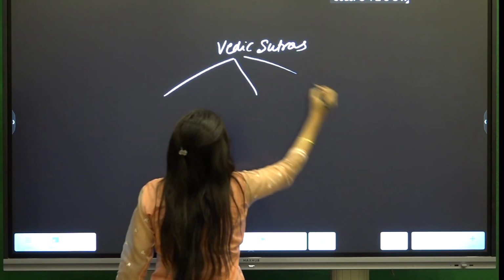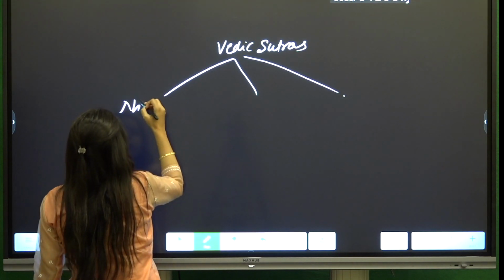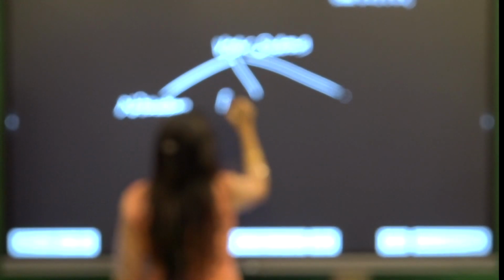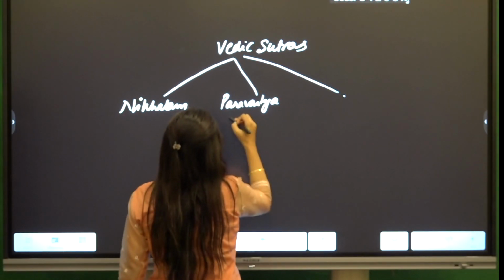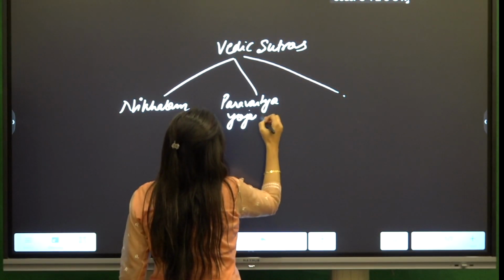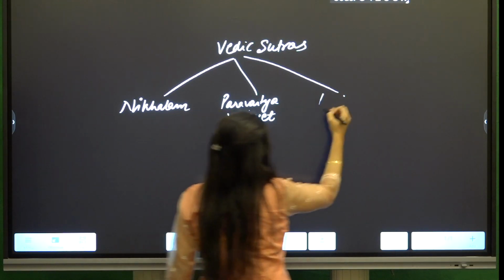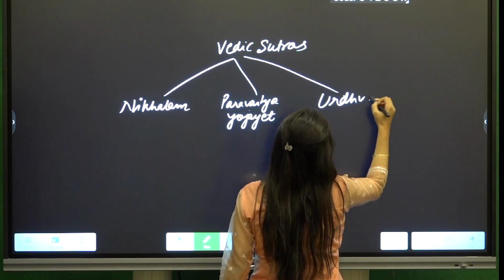First one is the Nikhilam Sutra. Second one is the Vartya Yogyat, and third is the Orthotheric.